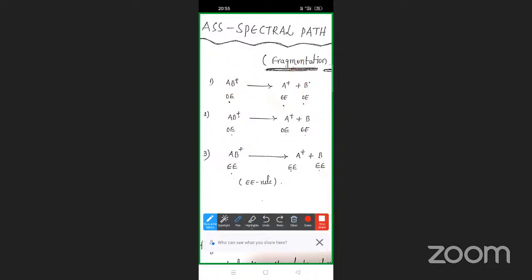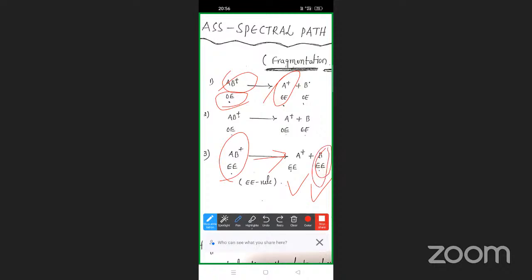Odd electron generally means a single-electron radical. A free radical is an odd-electron species. The even electron, right? Because it is an odd-electron molecular ion, it undergoes fragmentation and gives even or odd fragments. Here this is your neutral molecule.